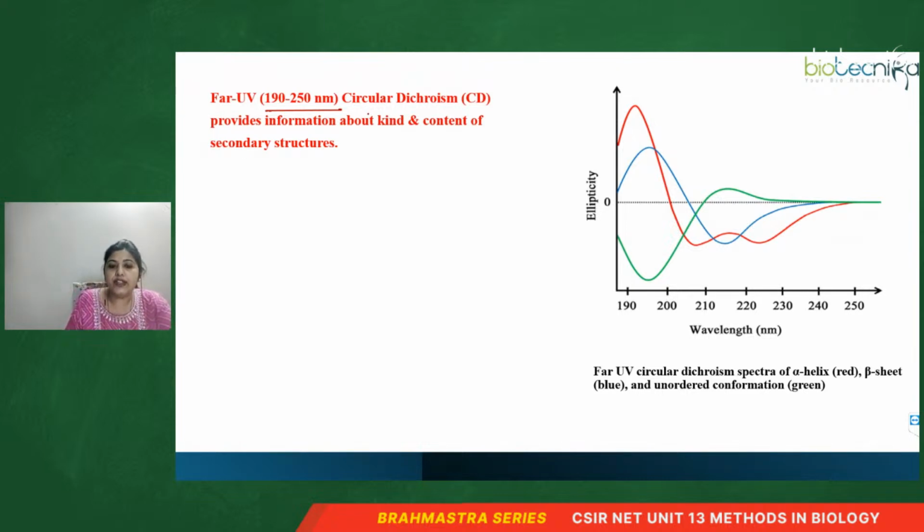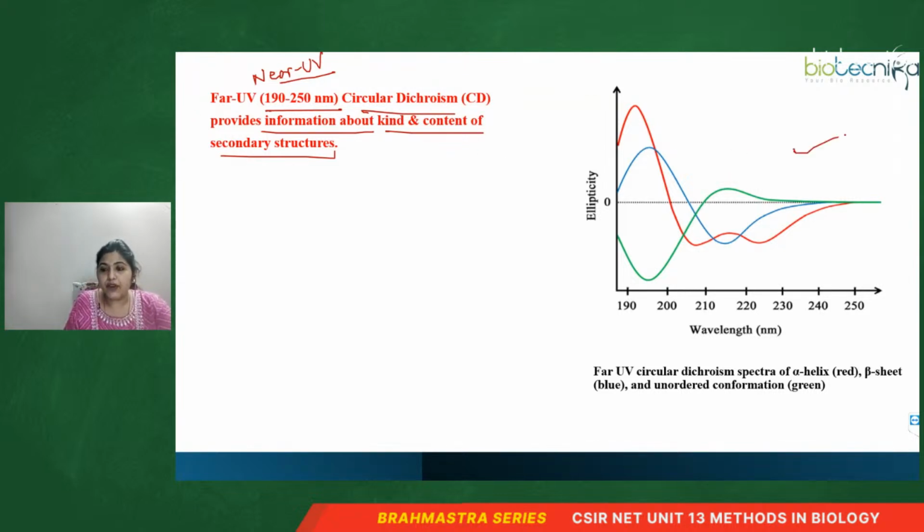Far UV circular dichroism provides information about the kind and content of secondary structure. Remember, the near UV region is used to study the tertiary structure of proteins. Now, since only secondary structure is mentioned, we'll focus on far UV and analyze the proteins.